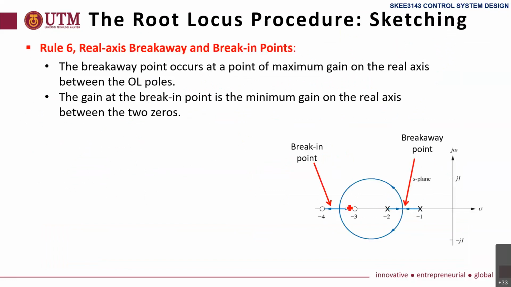We will do it later. When we have two zeros adjacent to each other, the locus that goes in to start to go into the zero is called the break-in point.